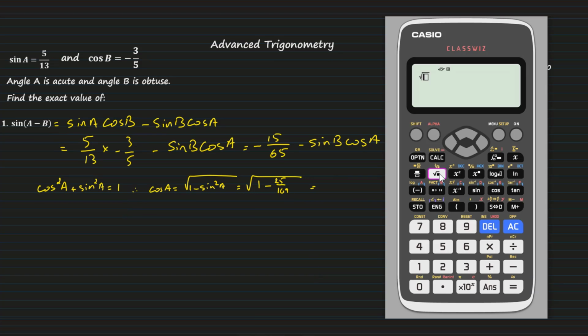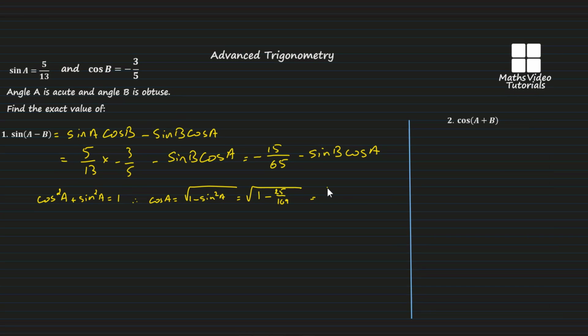So we got a square root of 1 minus a fraction 25 divided by 169, and that would be 12 over 13. So let's write it down, 12 over 13. So that's the cos A. Normally I would write down plus or minus 12 over 13. That's how you square root, because both answers are correct.